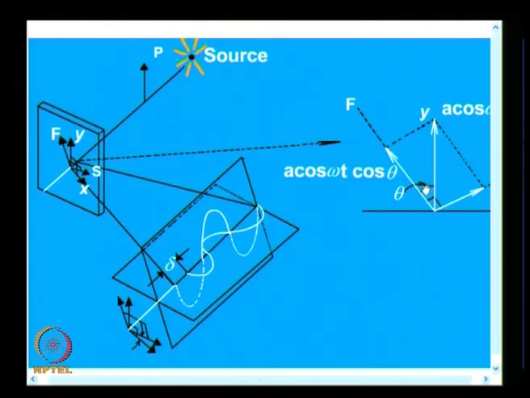Depending on the angle theta, you will have the amplitude as A cos theta into cos omega t, that is the expression for the light vector, and you will have this as A sin theta cos omega t, and within the model, which is shown in an expanded fashion, I have this like this. Make a neat sketch of this.